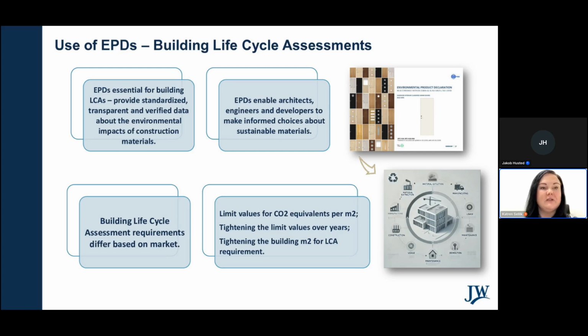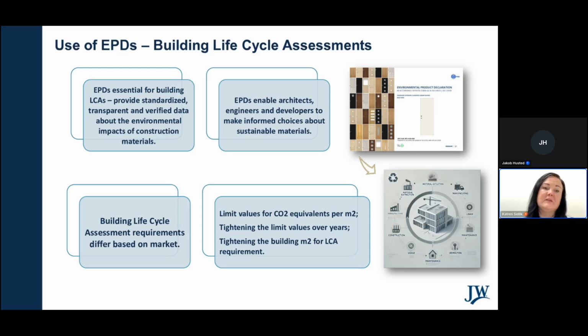But as of today, of course, the market is requiring the EPDs for building life cycle assessments. The EPD is like one input. Our EPD gives the standardized, transparent, verified data for our products, as construction materials, to the entire building life cycle assessment.